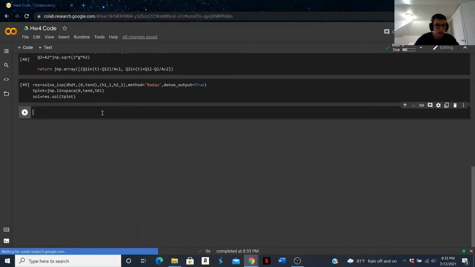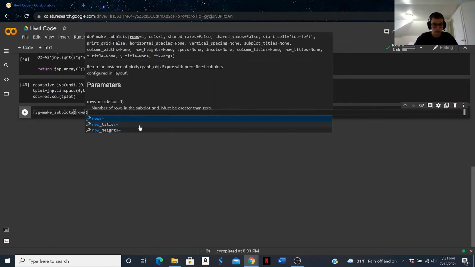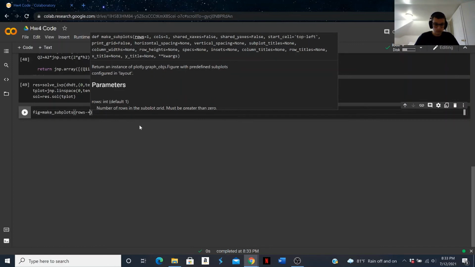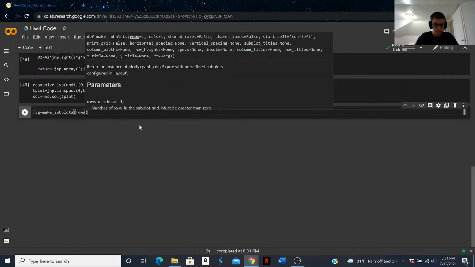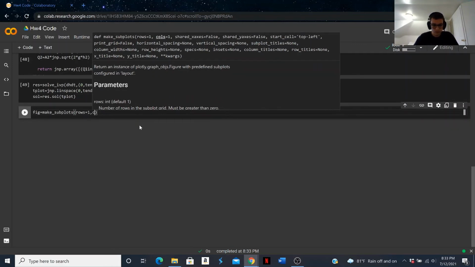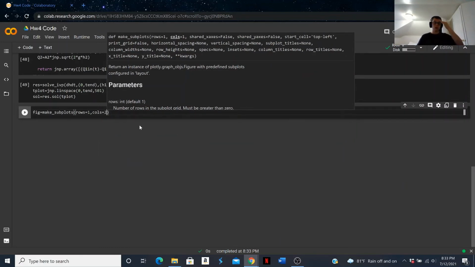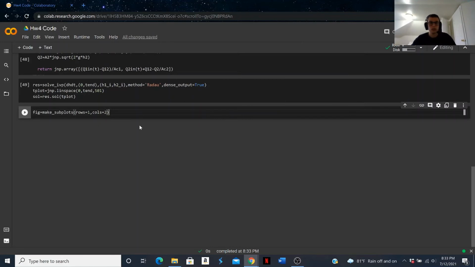Okay. And now we're going to basically do our plots here. So we're going to set up a figure with subplots. So fig, make subplots. And we want 2 subplots, so rows 1, so 1 row, 2 columns, 2 subplots.